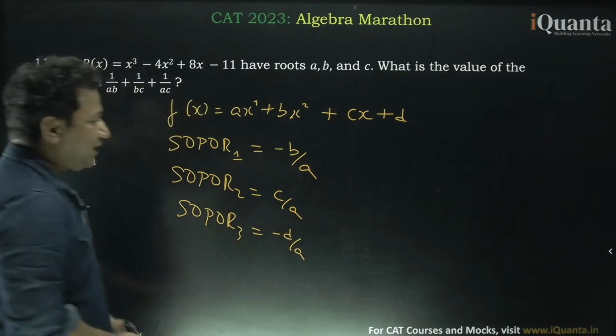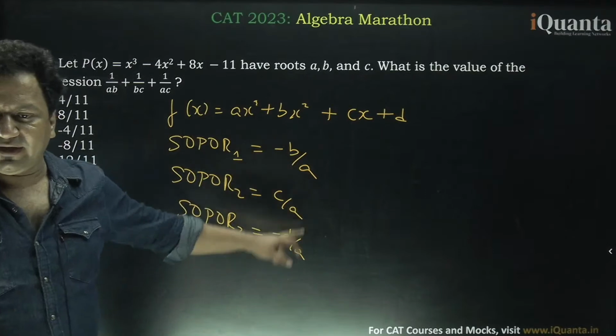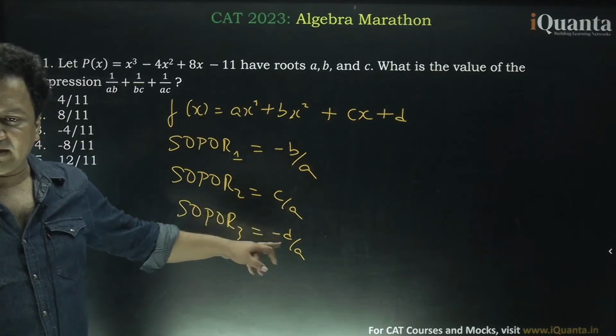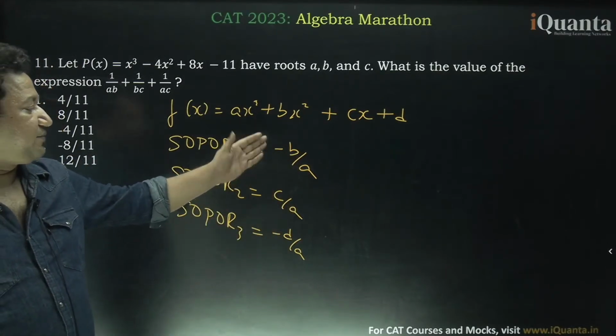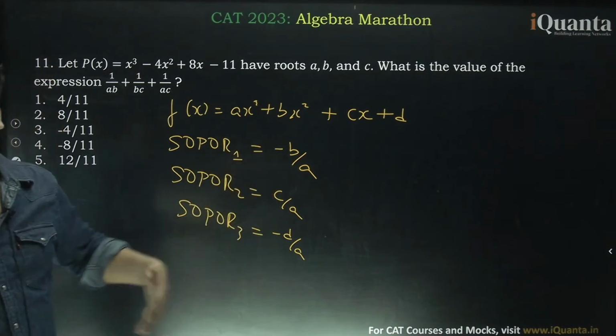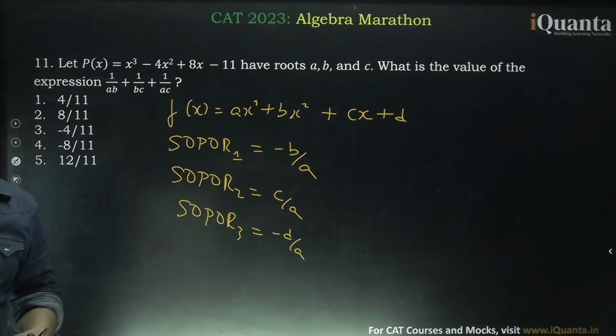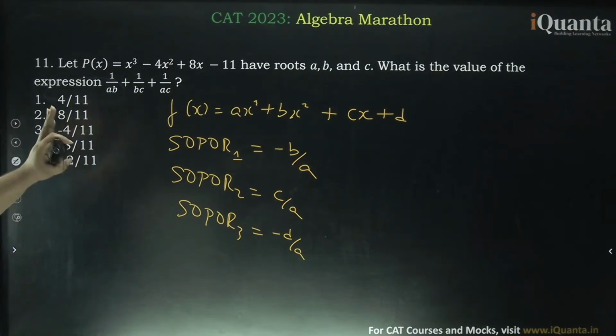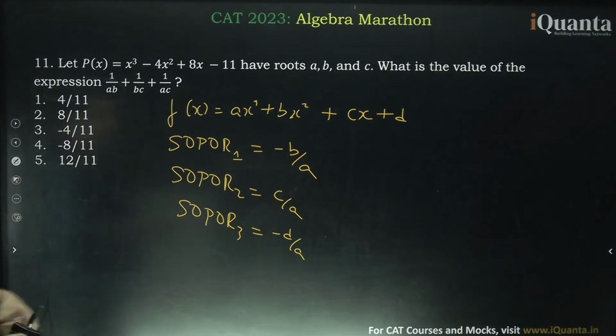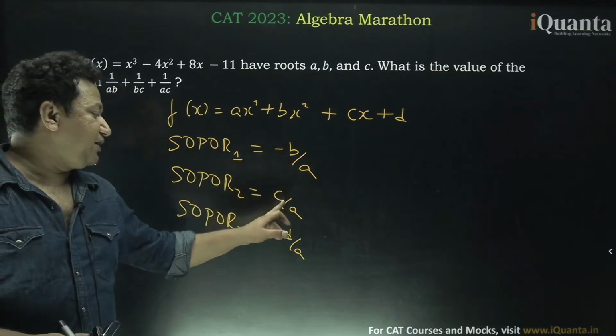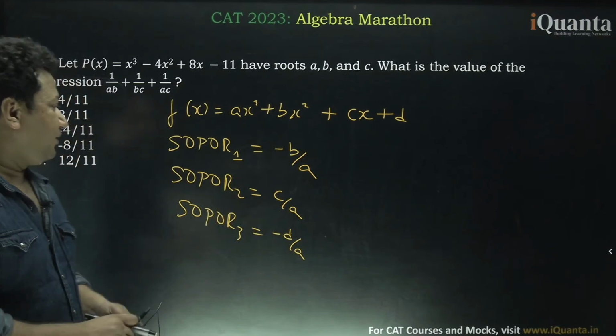We need to keep in mind that in the denominator we always have a, and in the numerator it's minus b, plus c, minus d, and so on if we have more. So the signs are alternating: minus, plus, minus, plus. That is how it happens. If we have a biquadratic, the fourth degree equation, then we'll be having minus b by a, c by a, minus d by a, e by a.